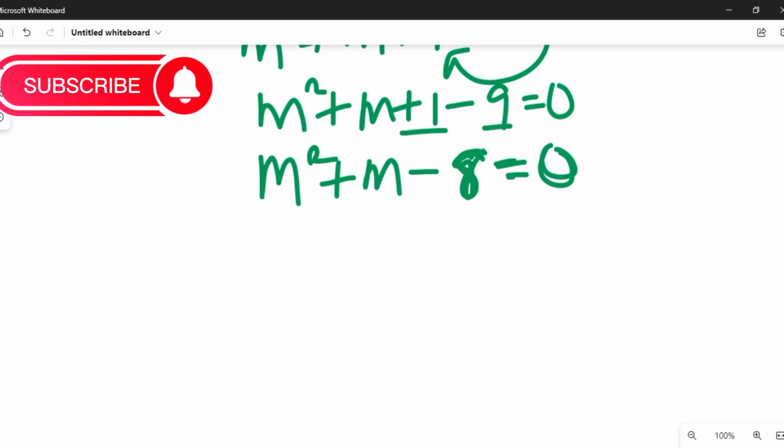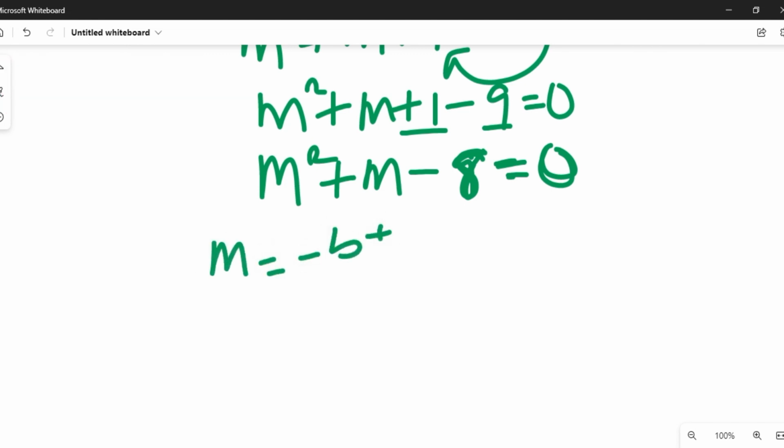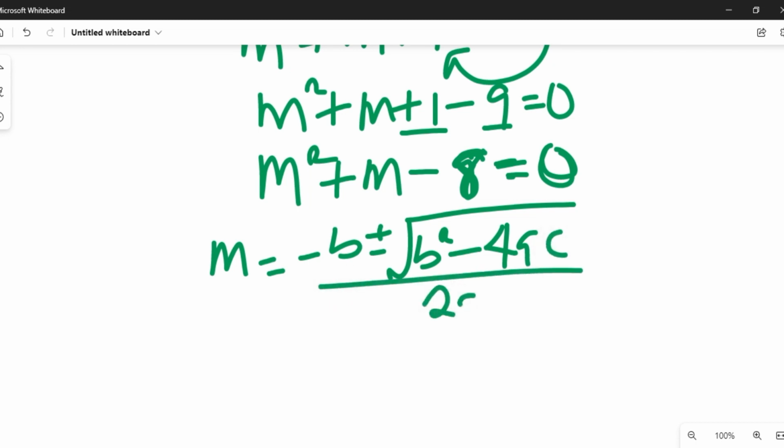Now we're going to simplify this quadratic equation using the quadratic formula. We call that the almighty formula. In this expression, from the almighty formula, we have our m to be equal to minus b plus or minus square root of what? B square minus 4ac all over what? 2a.